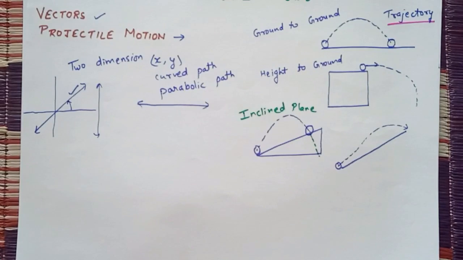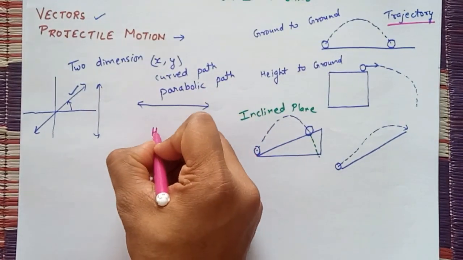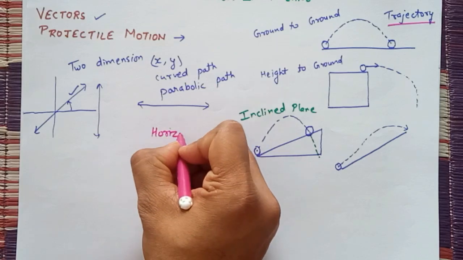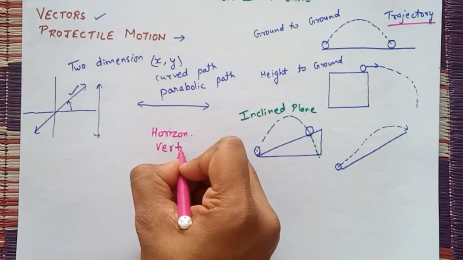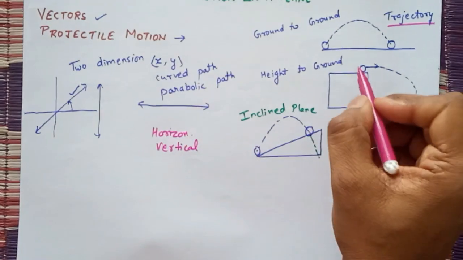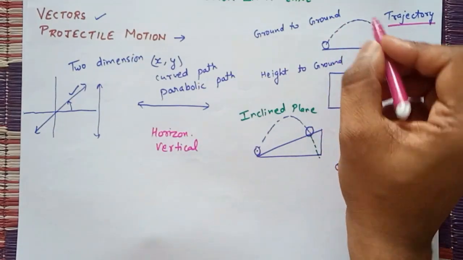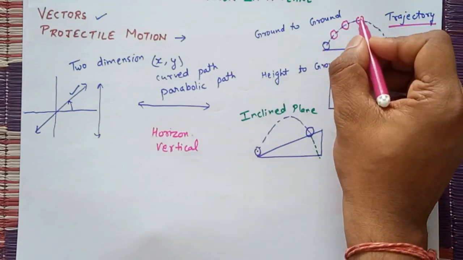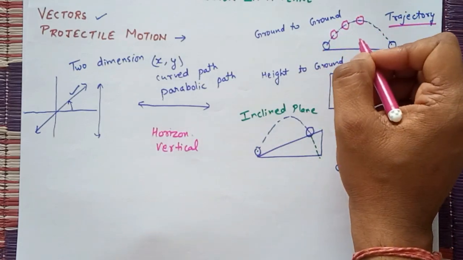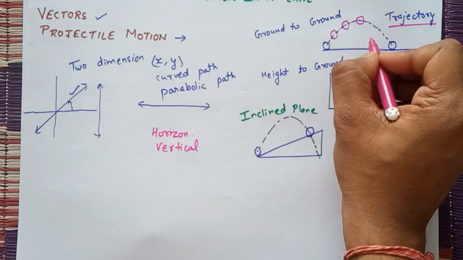We can say the projectile is the combination of two motions. The first one is horizontal motion and the second one is vertical motion. See, when the projectile is thrown and it is going in this direction, there is no force applied in this direction.